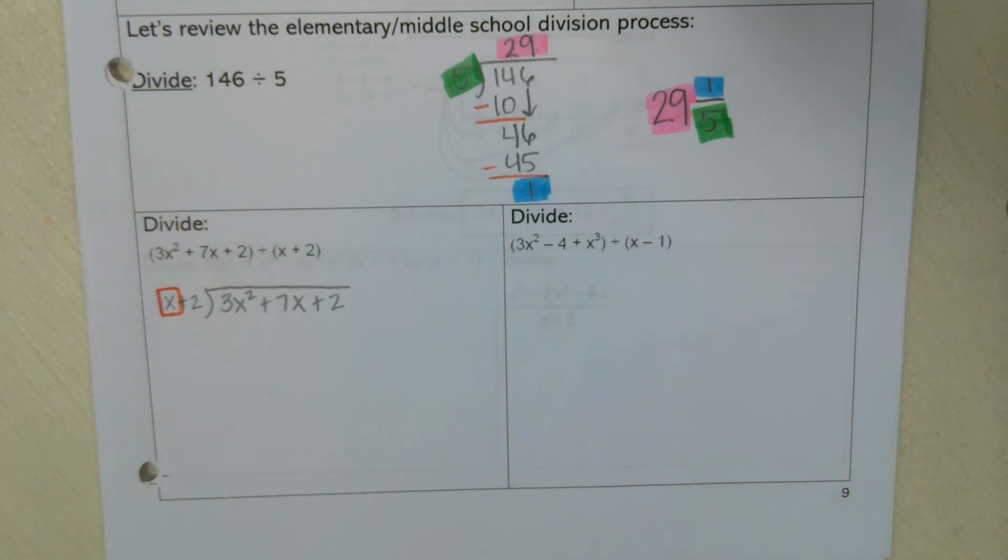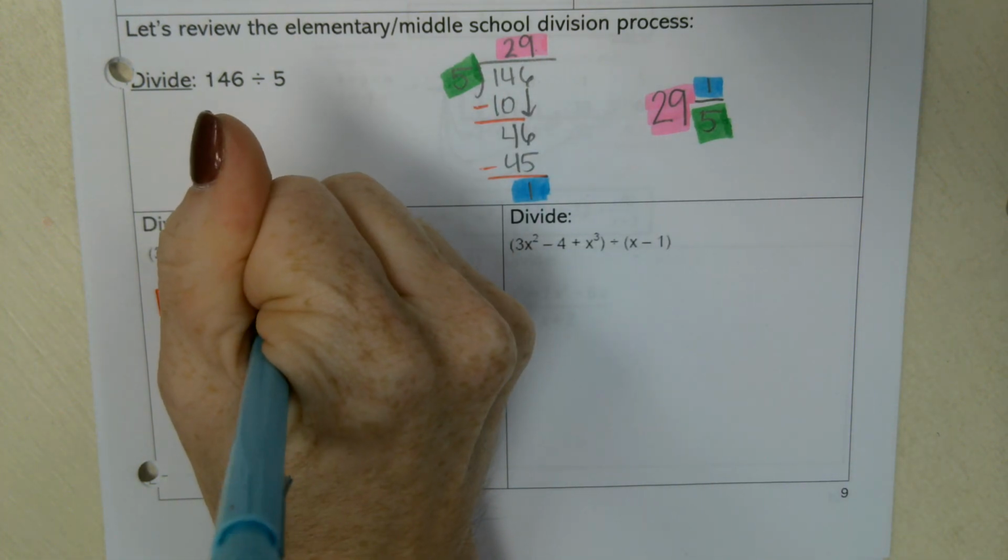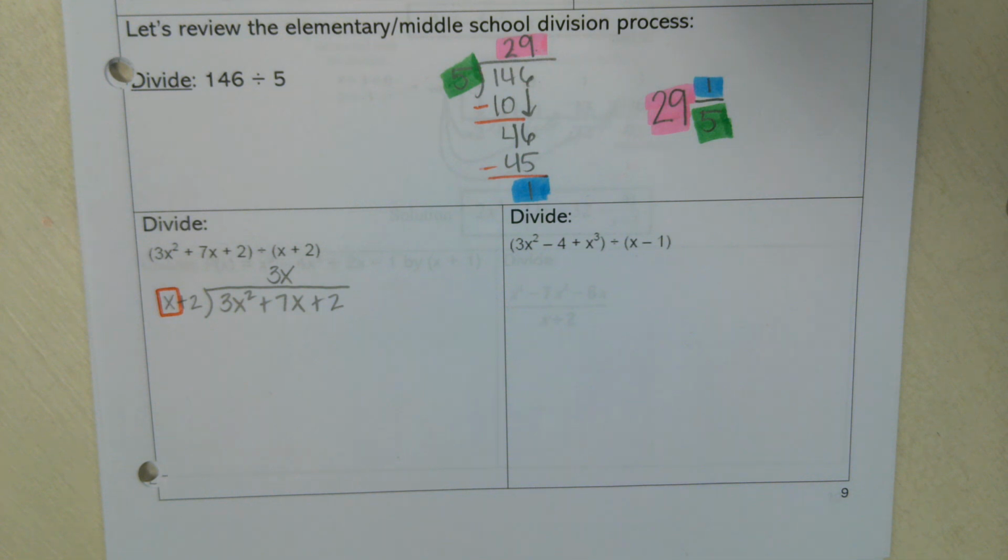All right? So my question is also, when I'm doing division, I need to be thinking about multiplication at all times, all right? What would I multiply by x to give me exactly 3x squared? 3x. Okay. So I'm going to put a 3x up here on the top.